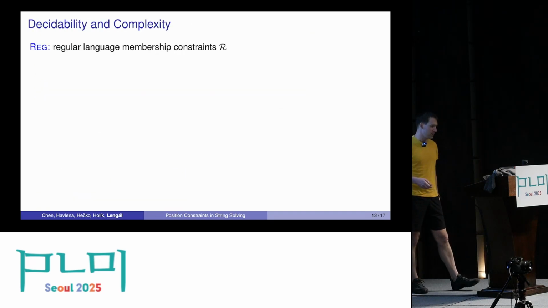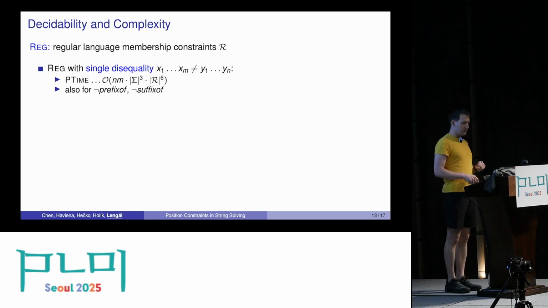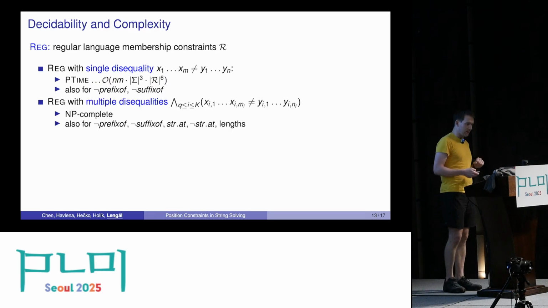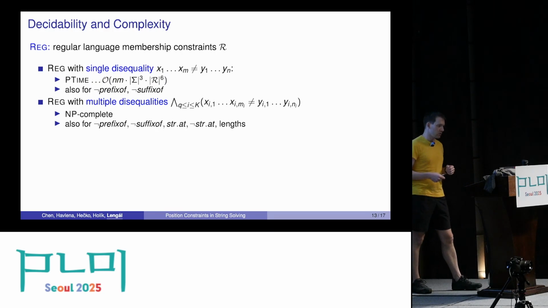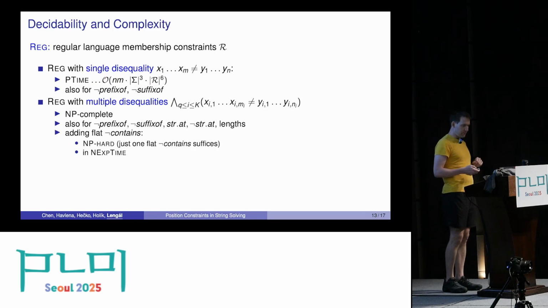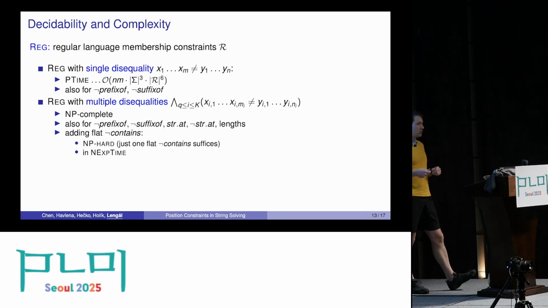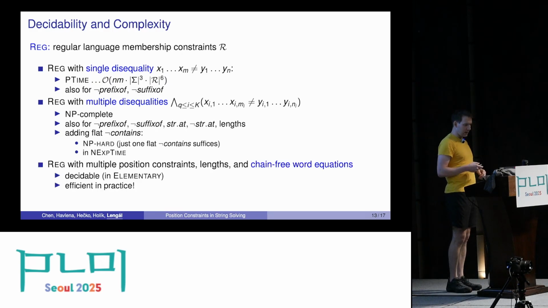For the decidability and complexity, if we take the basic regular language constraints and put there a single disequality, this is decidable in polynomial time. If we take multiple disequalities or some combination of not prefix, not suffix of, this is NP complete. If we put there not contains over flat regular constraints, we get to non-deterministic exponential time.